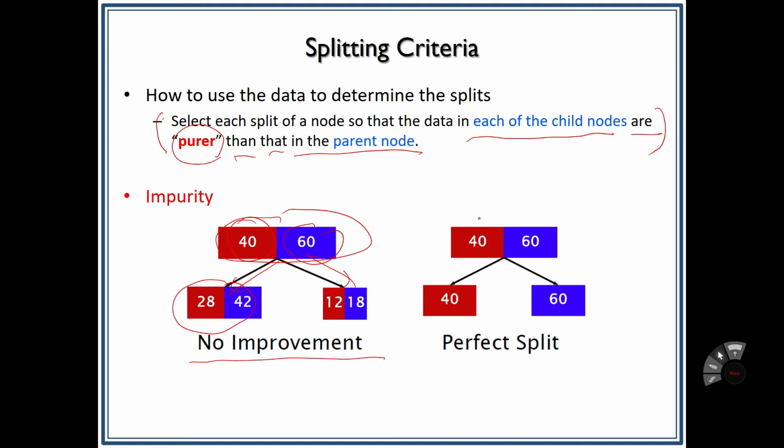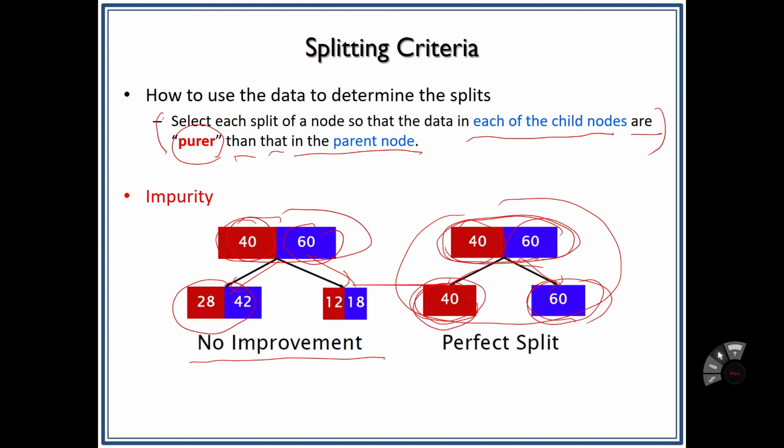But let us take a look at this case. All of these 40 red class objects go to the left and all of the blue class objects go to the right. Then this node is perfectly pure, and this node is also perfectly pure, though the parent is not pure.